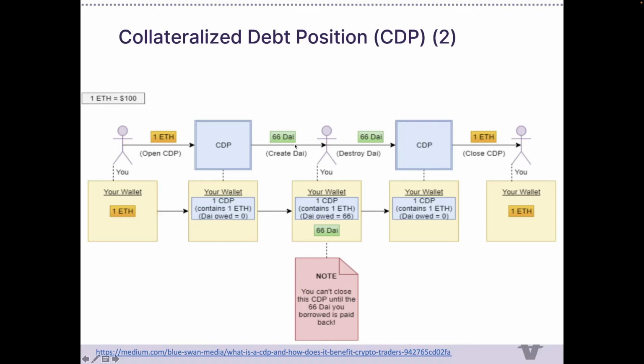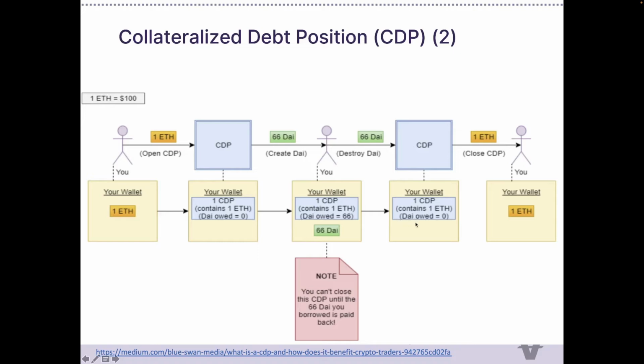We get the maximum amount we can borrow, which is 66. You owe this 66 DAI, and you can do whatever you want with the DAI. You can invest it, get more DAI, or make sure not to lose it, because you have to pay back that amount to close the CDP. So you have to destroy the DAI.